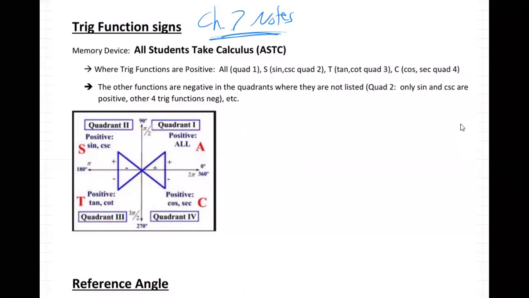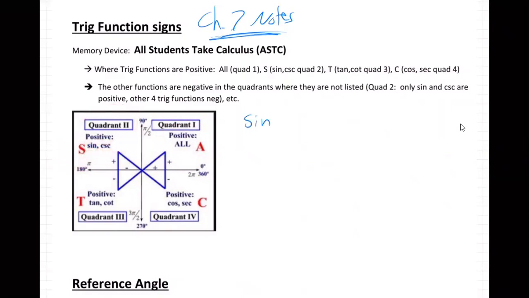And the trig functions, there's 6 different trig functions, right? All 6 trig functions are positive in the first quadrant. That's what the A stands for, all. All are positive. In quadrant 2, the only positive trig functions are sine, and of course his upside down always goes with him, right?